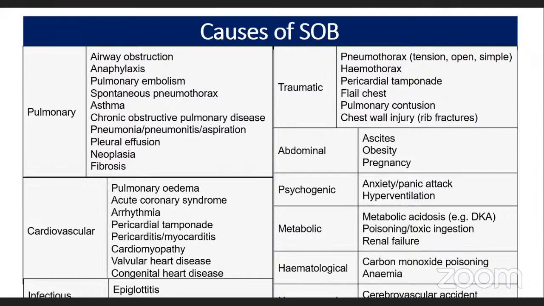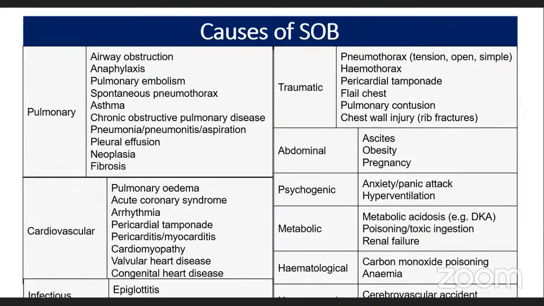If you are comparing by system, in the pulmonary system it can be anaphylaxis, angioedema, airway obstruction, pulmonary edema, pulmonary embolism, and the patient may have trauma-related causes like tension pneumothorax, cardiac tamponade, open pneumothorax.